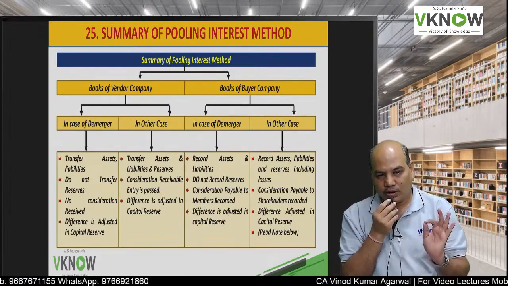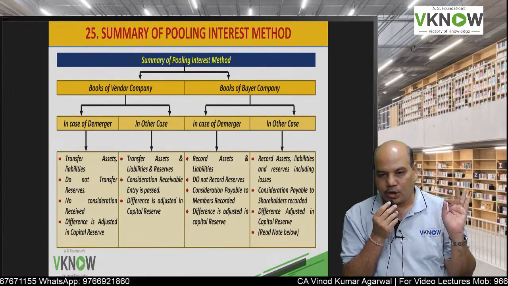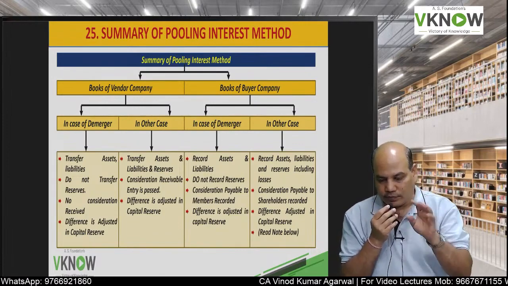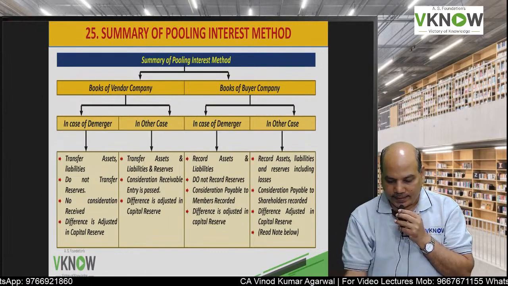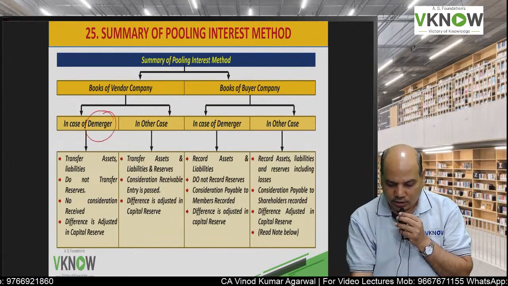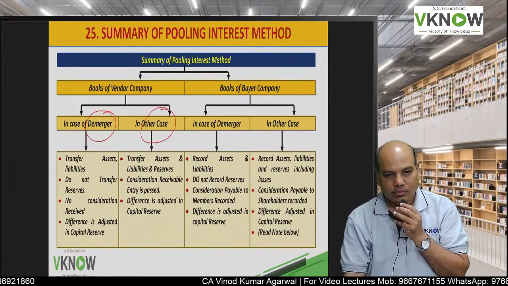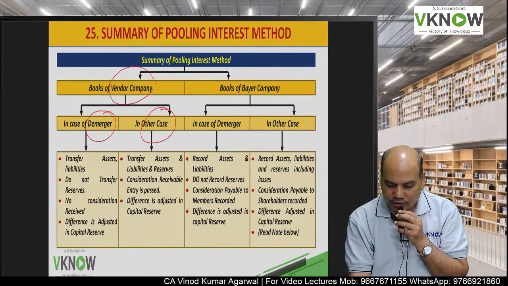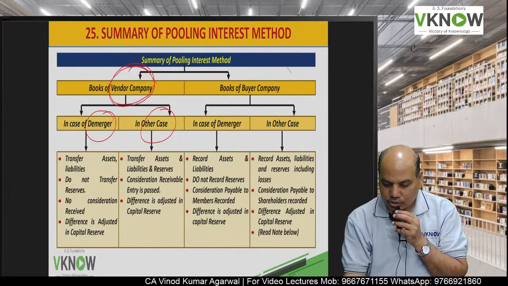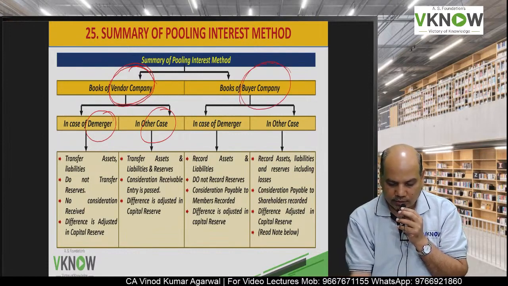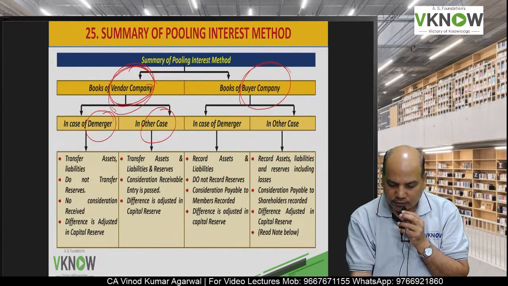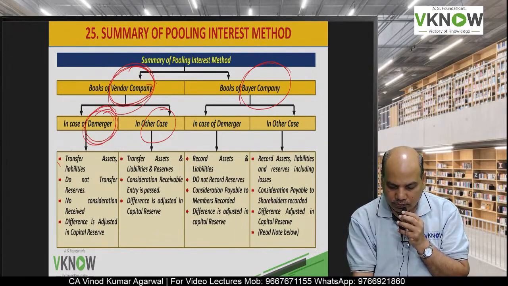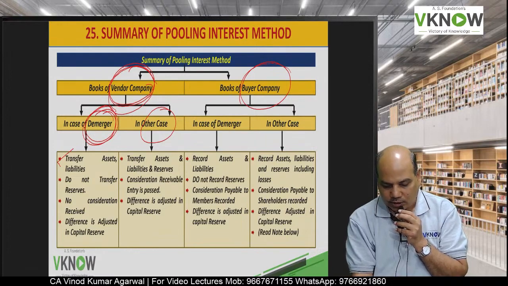So dear student, I have made a very useful summary of the pooling of interest method. You can get two types of question here: one is a question on demerger and the other is a question other than demerger. You will be asked entries in the books of seller and in the books of buyer. So in the books of seller, if it is demerger, the entry will be transfer of assets and liabilities.